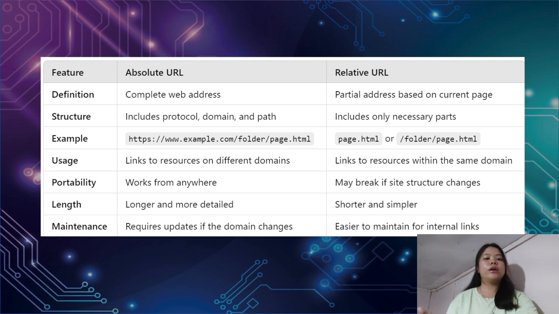The relative URL is easier to maintain when moving files within the same site structure. So if you move a page or a file around on your website, relative URLs usually still work because they're based on the current location. You don't have to change them.